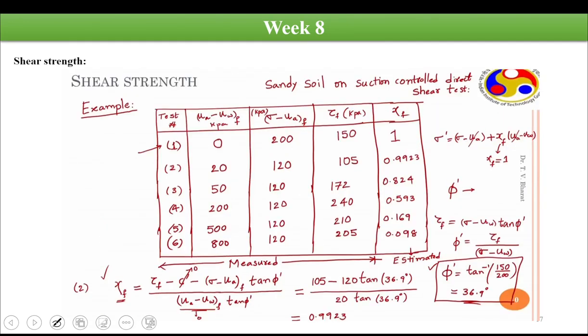So let's say we'll solve one example on sandy soils. A suction controlled direct shear test was performed on sandy soil, and the observations are provided in this table.